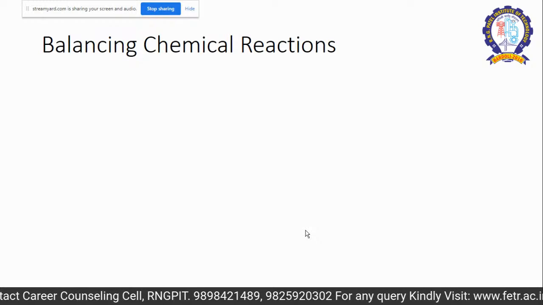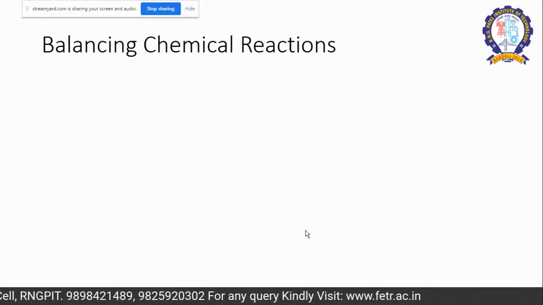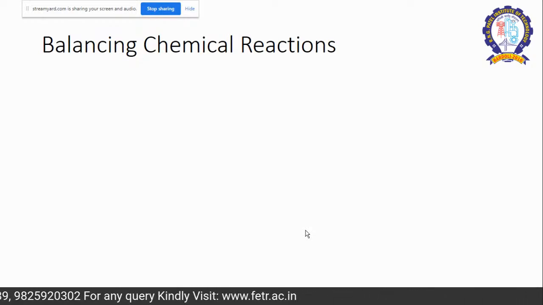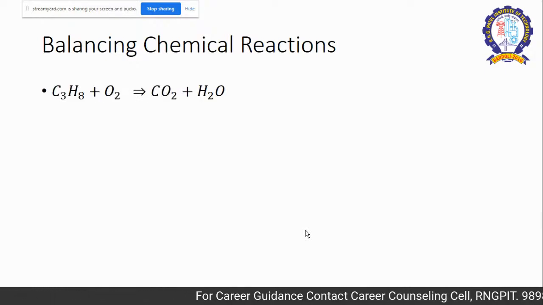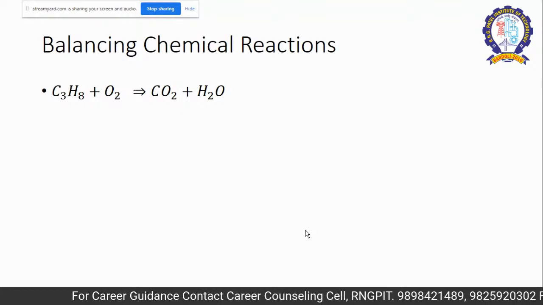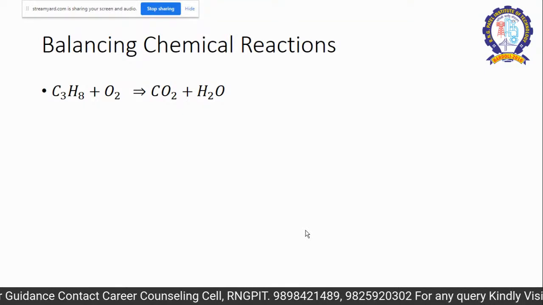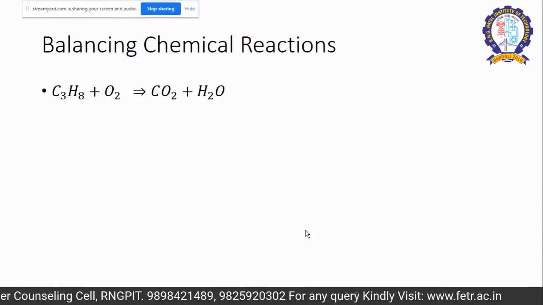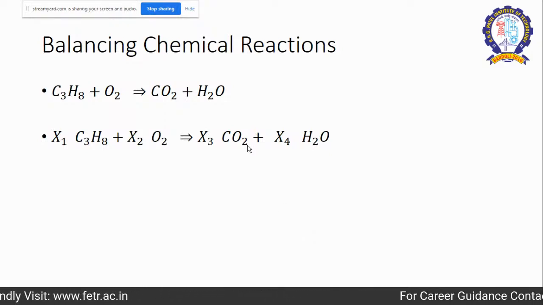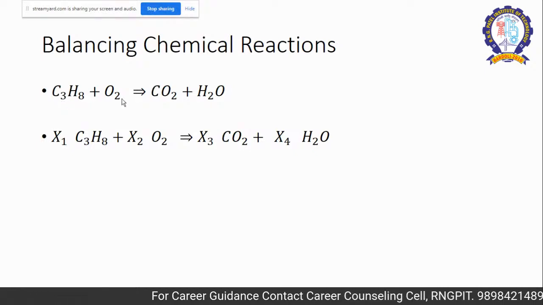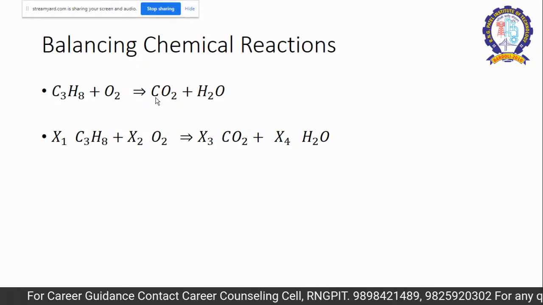Now next, we are balancing a chemical reaction. That's the next application. We have the chemical reaction C3H8 plus O2 converts into CO2 plus H2O. Our target is to balance this equation. From the first term, there are three carbon atoms, but on the other side we have only one.